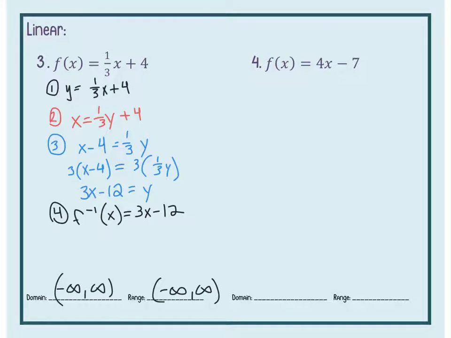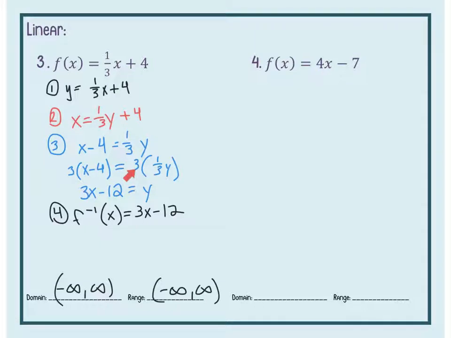Okay, let's see what we did here for number 3. We rewrote it with the y in place of f of x. Next, we switched the x and y. Okay, so we leave this one alone. First, we have to move over the 4 by doing the inverse operation, so we subtracted 4. And I actually showed my step here. I didn't show it on the last problem, but how do I get rid of a 1/3?